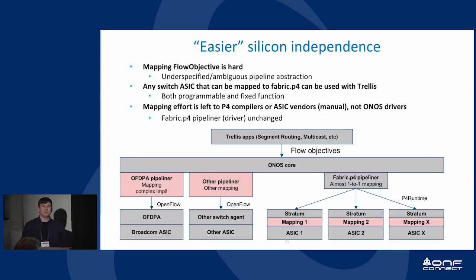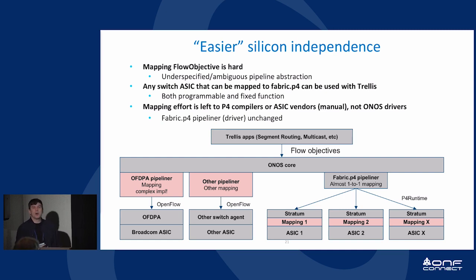We say that Fabric.P4 enables what we call easier silicon independence. And I say easier because ONOS already provides silicon independence. We have this nice layer of abstraction, which is the flow objective, a kind of pipeline abstraction, but it's not standard specified, it's ambiguous, and it was created by Java developers, and Java is not a pipeline abstraction language.